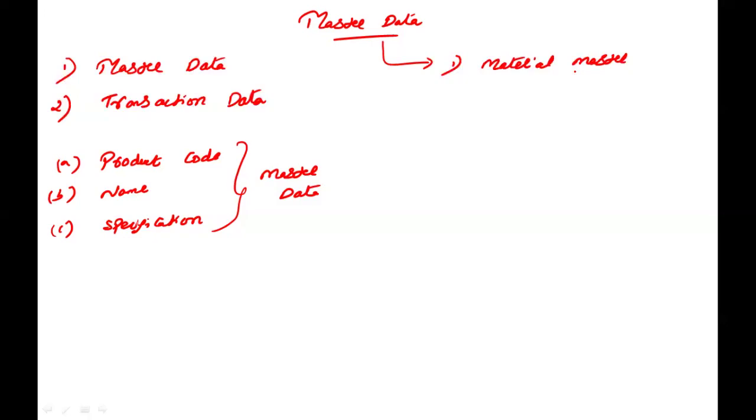For example, any business or industry, an FMCG industry, a construction-based industry, or a pharmaceutical industry, will have a bunch of materials, a group of materials. An individual item is called a material, but a group or a lot of materials is called the material master. So material master is nothing but a group of materials which the business is using in its operations.